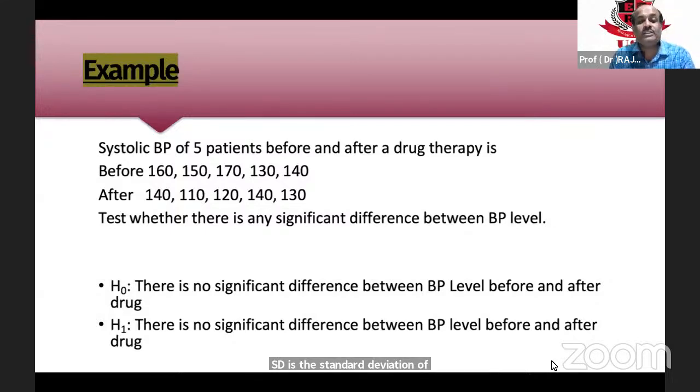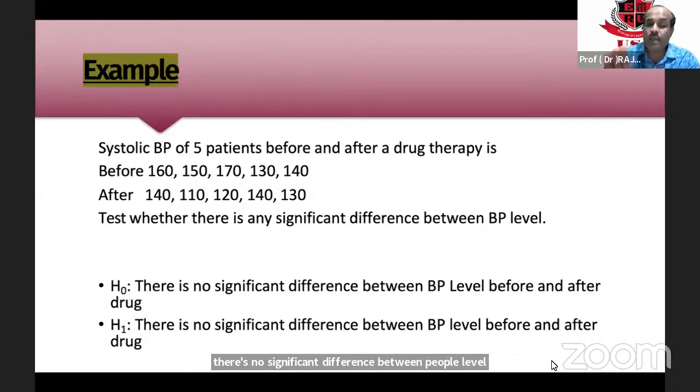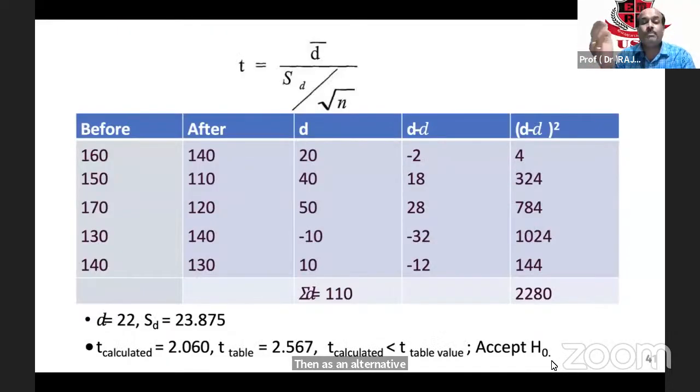So suppose the systolic BP of 5 patients before and after therapy with some drug. Before is 160, 150, 170, 130, 140, and the after values are given. Here you can frame the null hypothesis: there is no significant difference between BP level before and after administering the drug. Then the alternative hypothesis: there is a significant difference between BP before and after.